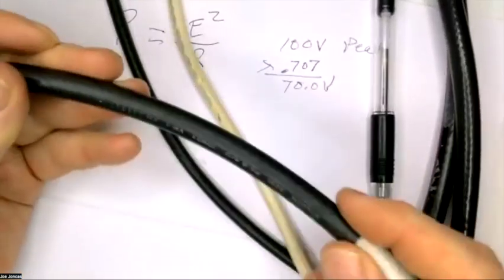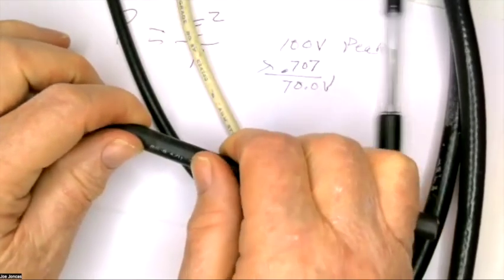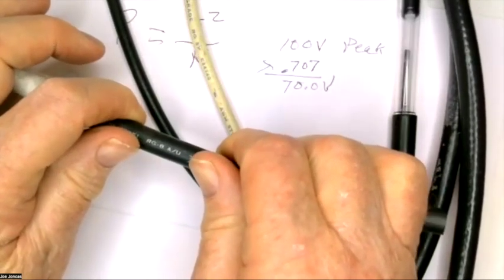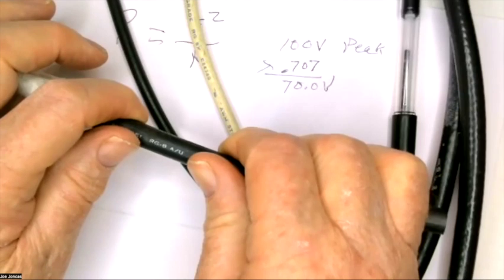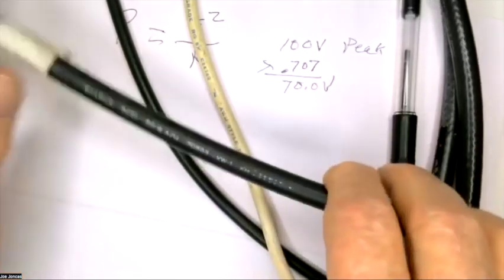RG8 is kind of the old standard with amateur radio. I used to be happy if I could get RG8 and use it. But each one of these has 50 ohms impedance.